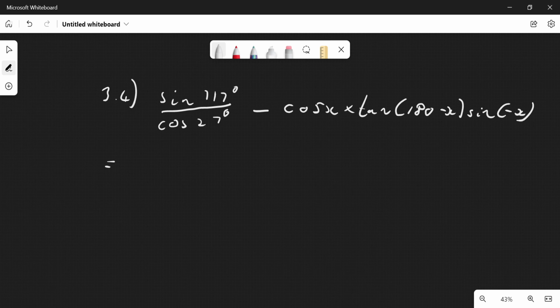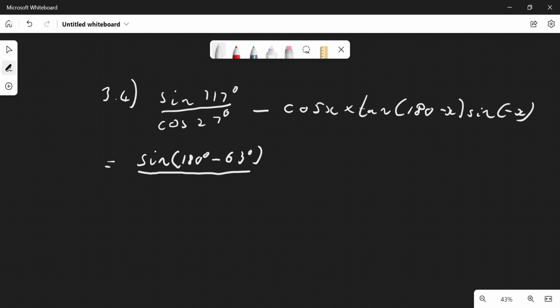I can reduce this. Let's see, sine, that's in the second quadrant, so I'll say sine of 180. So I quickly put in my calculator, what's 180 minus 117? That's 180 minus 63, right? And then that's obviously over cos, let's see there.